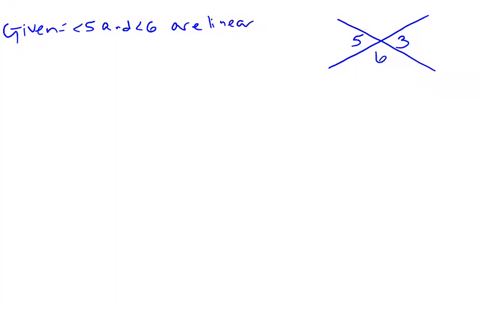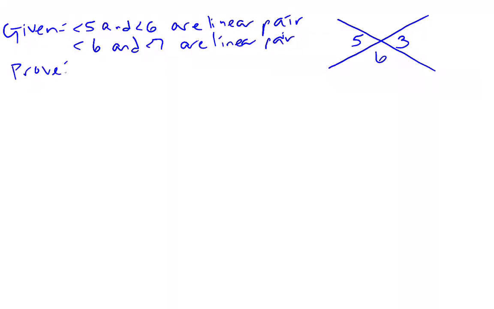So if angle 5 and 6 are a linear pair, and angle 6 and angle 7 are a linear pair, we want to prove that angle 5 is congruent to angle 7.